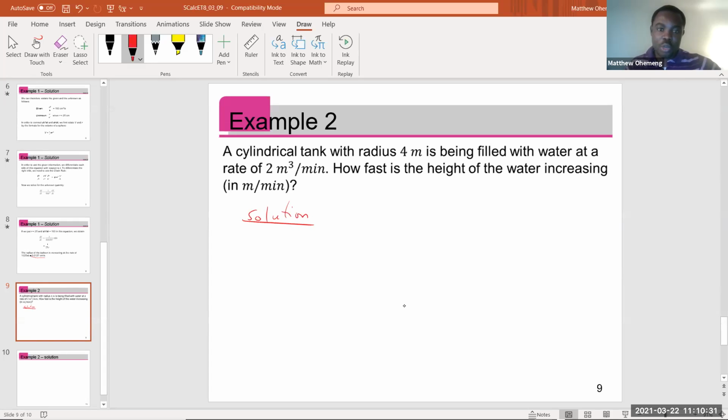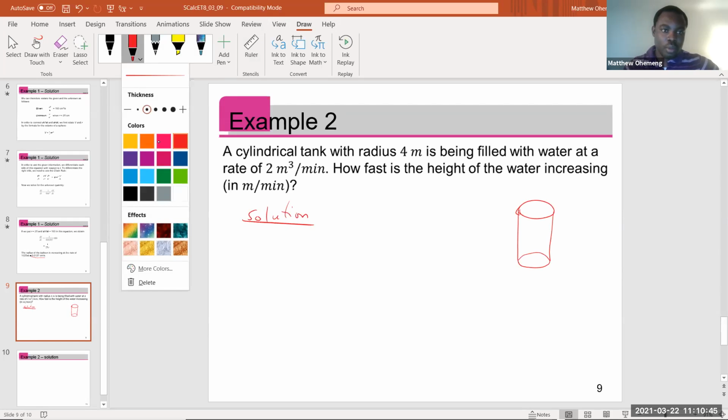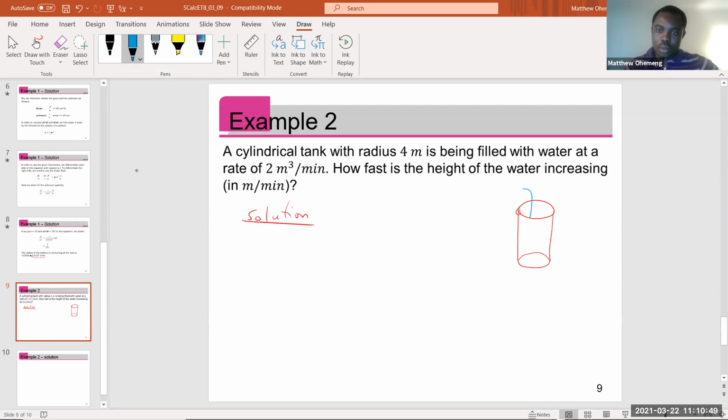So for this cylindrical tank, let me just do a quick sketch here, something like so. Okay, so this is what you have. Water is being filled in there.